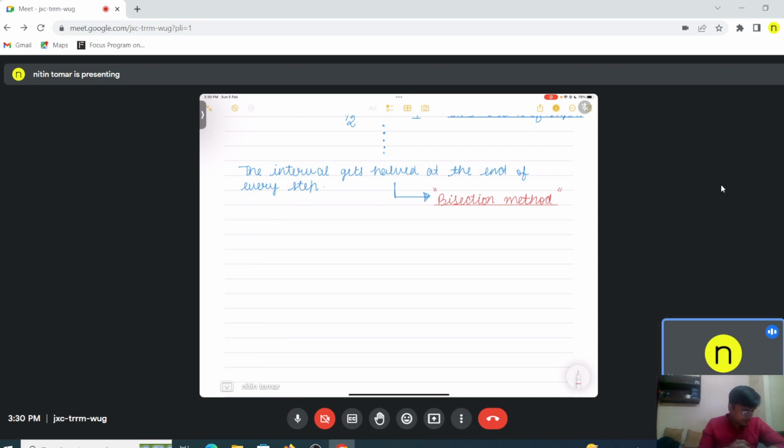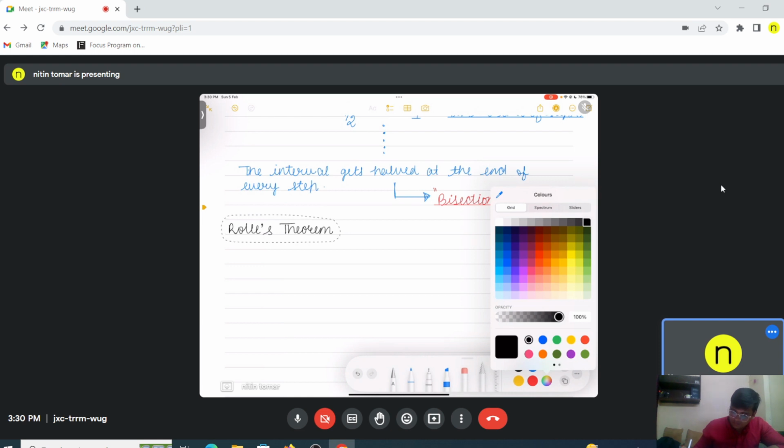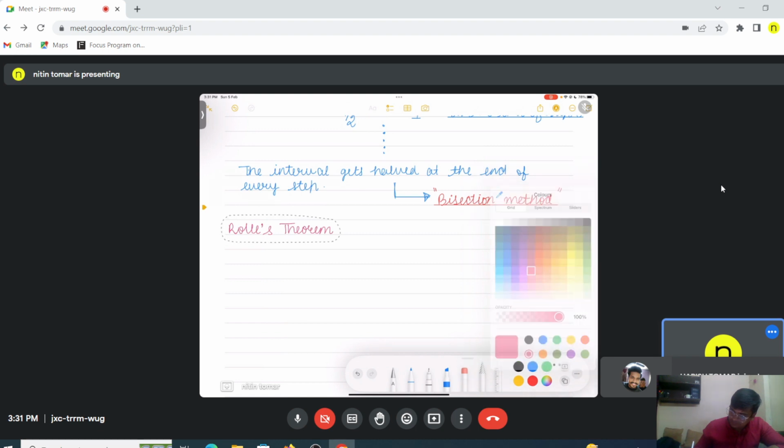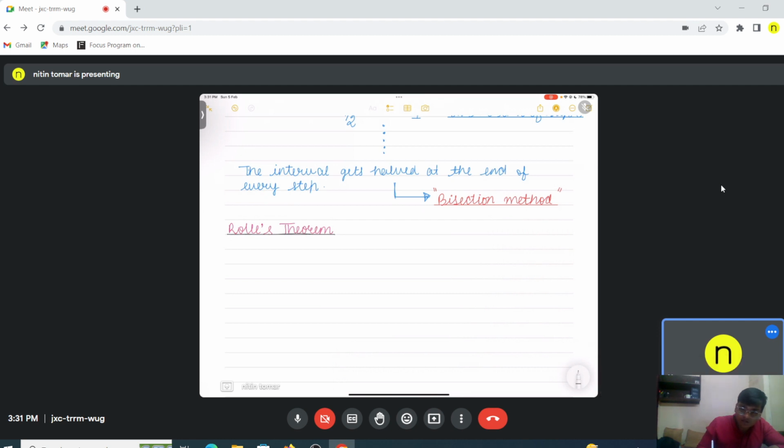Okay. Now the last theorem that we will need is Rolle's theorem, which involves the differentiability of a function. So what does it say?